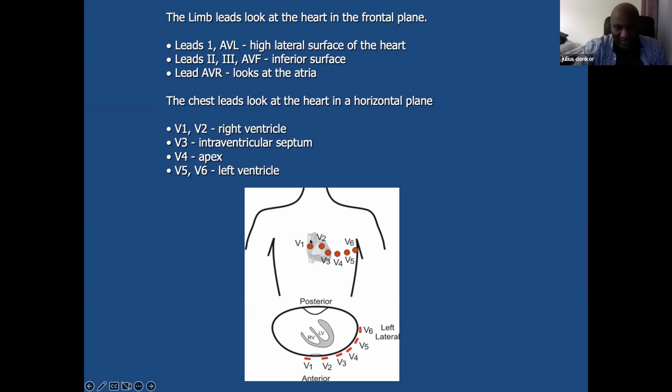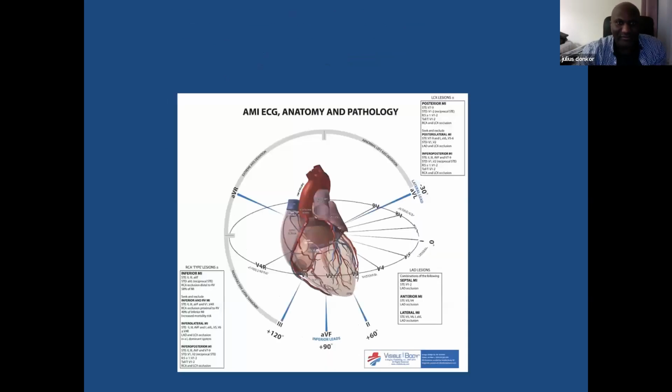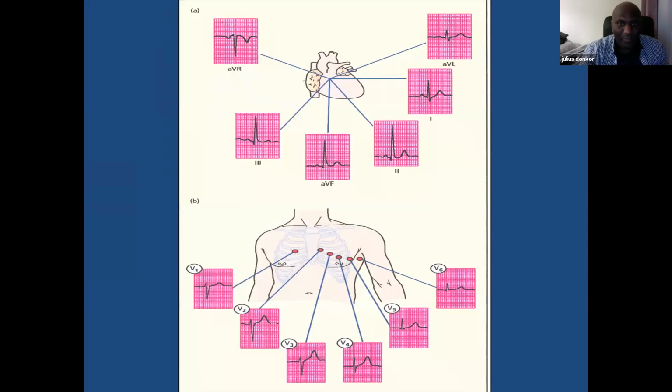The reason why, if we go back here, when you have your ECG transition, when you've got your V3 and your V4, if you look at B here, you see how from V1 you have your tiny R wave and a deep S wave, and that ratio changes as you move along the heart from the right to the left.